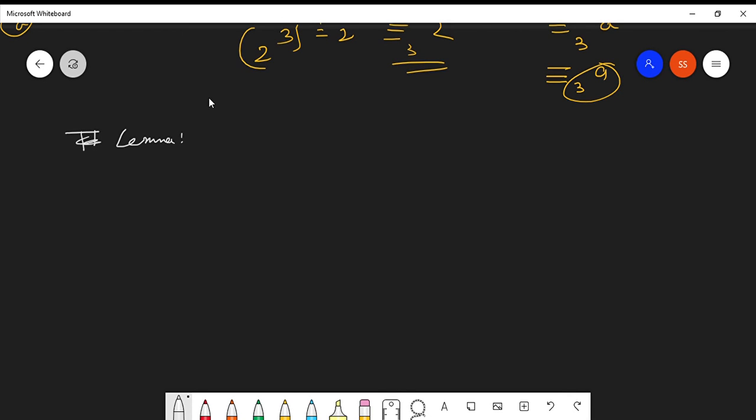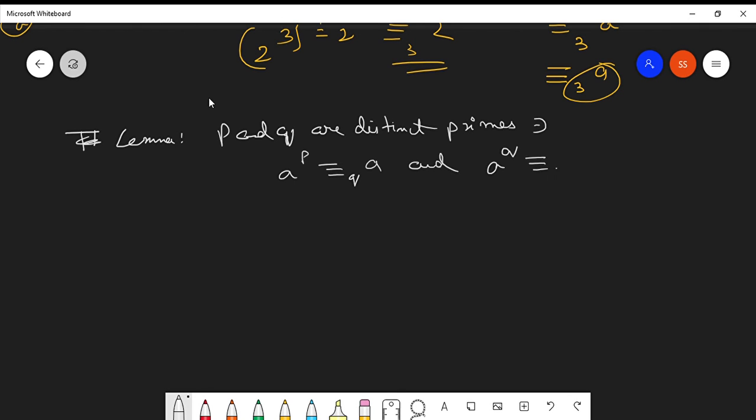So the lemma says that p and q are distinct primes such that a to the power p is congruent to a mod q and a to the power q is congruent to a mod p, then this implies a to the power pq is congruent to a mod p. This is a lemma. Okay.